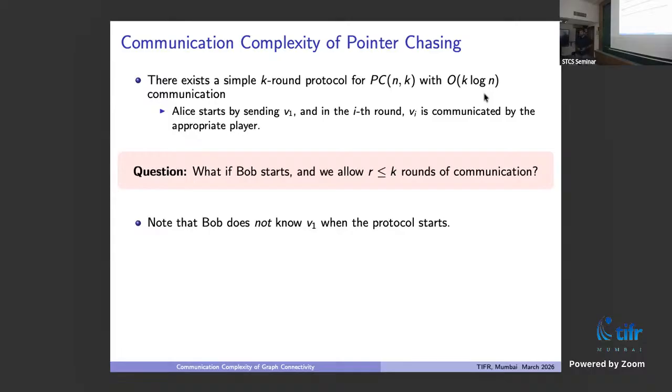If it was Alice going first and then Bob going next, the reason Bob is actually answering is because the assumption was that we want both parties to know what the answer is. Otherwise Bob could stop there. But that's just the convention used in pointer chasing, so we'll stick with that.